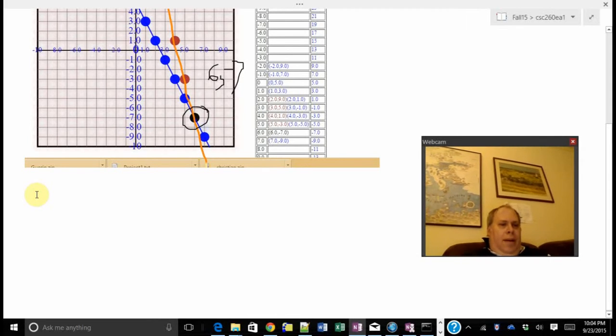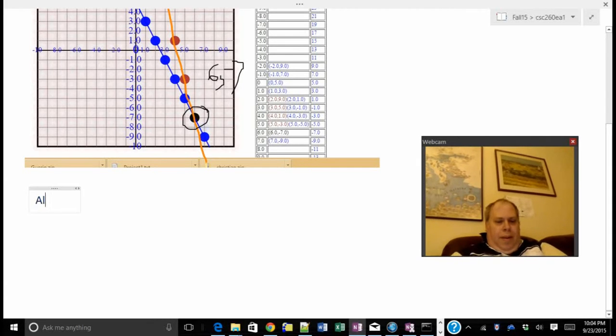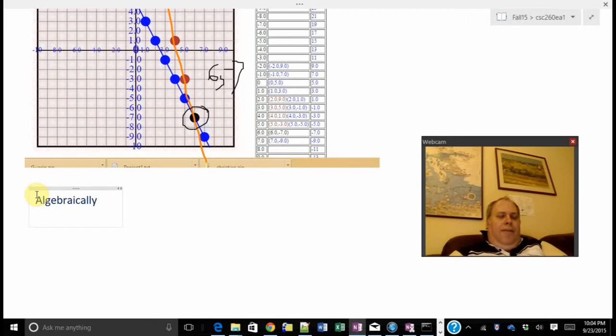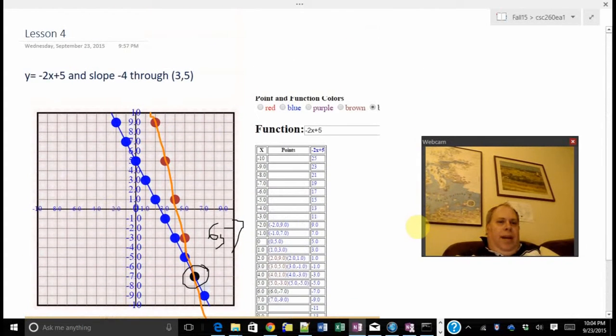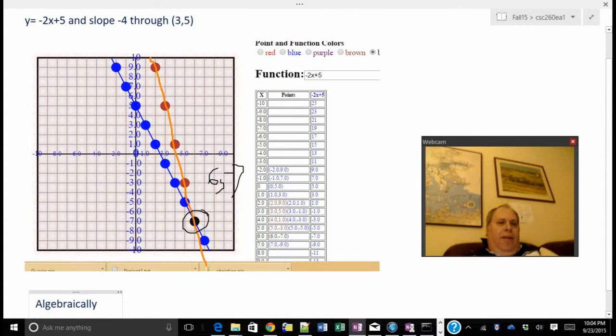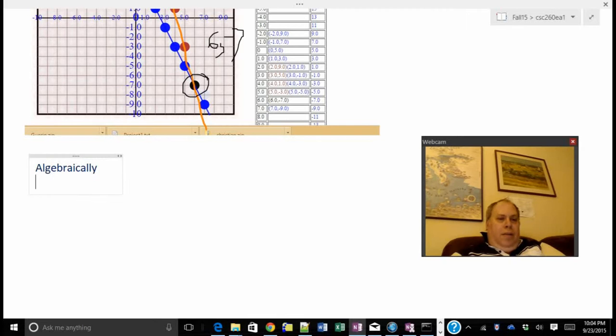So if we want to do it algebraically, okay, now we need to find the formulas. The first one we're given, negative 2x plus 5. So the only formula we really need is the line through 3 comma 5 with slope negative 4. And we already know the slope, so all we need is the intercept.